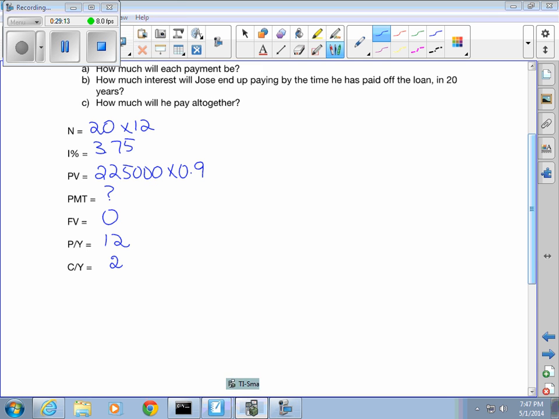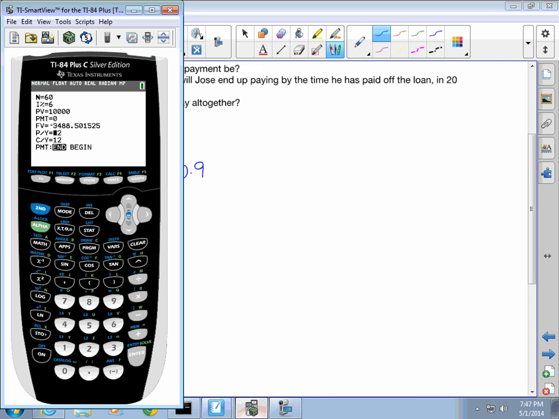So when you put all of that into your calculator, we have 12 times 20 is 240 at 3.75. Present value was that 225,000 times 90%.